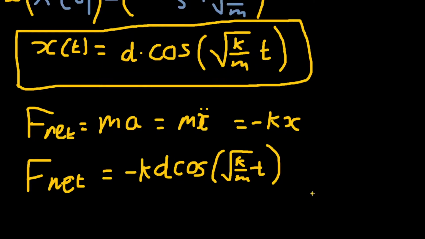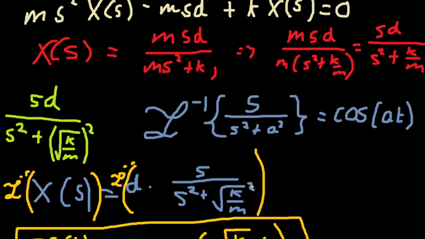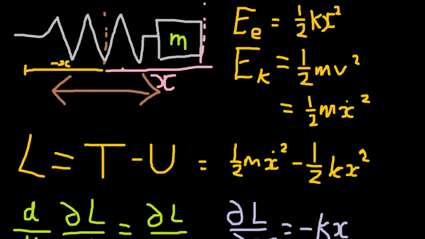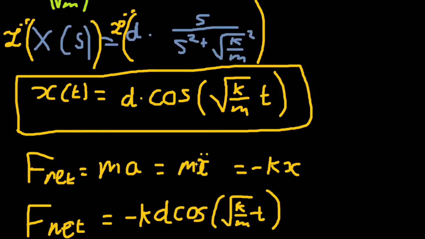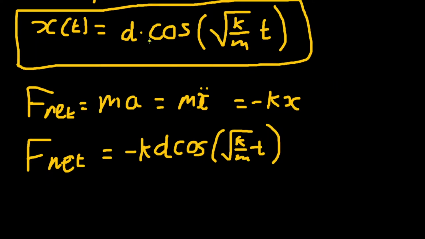This is solved. So if we know the spring constant, the mass of the spring, and the initial distance away from the rest position, we can calculate the spring's position at any given time using this equation, and we can calculate its force using this equation. We can also calculate its acceleration by differentiating this twice, which is very simple.